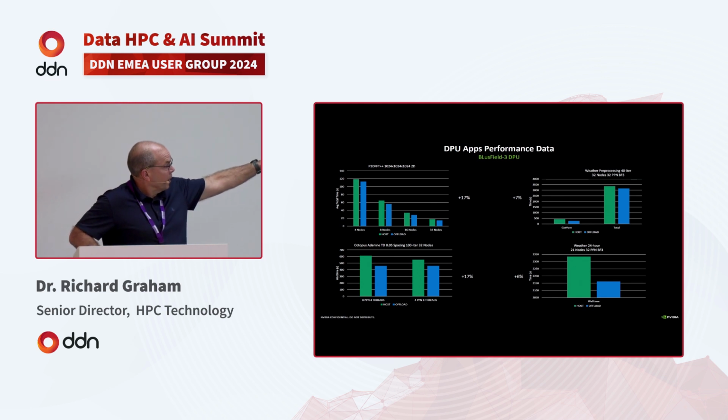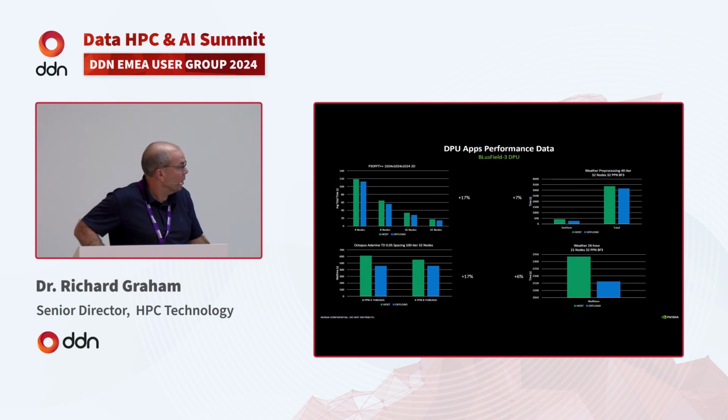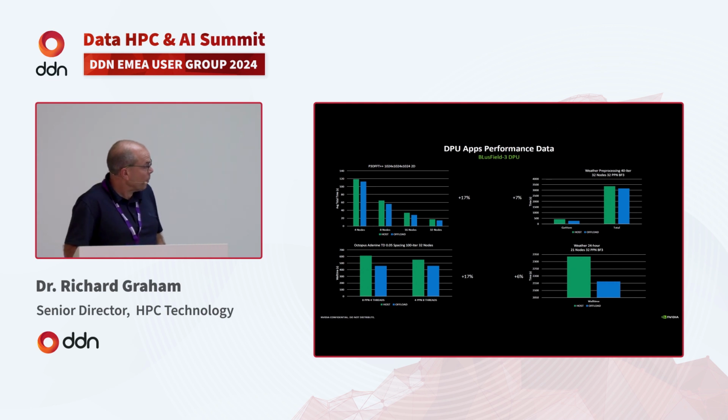The top right shows the performance for a weather model running again on 1,024 processes, and we see that we get about 7% improvement in application performance.